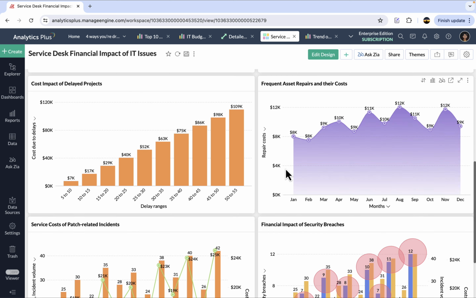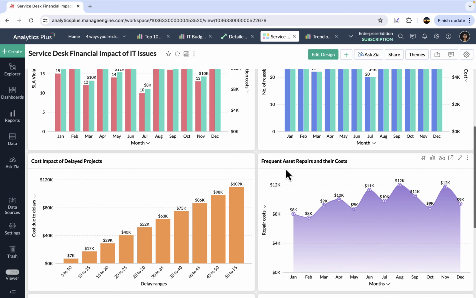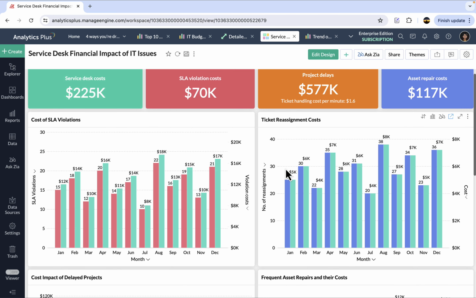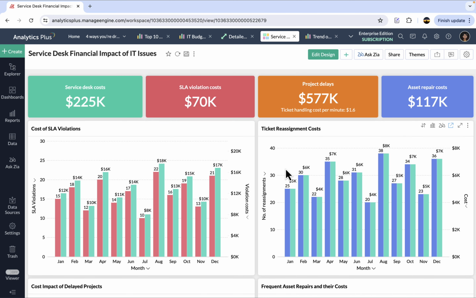This powerful dashboard effectively shines a light on various cost strains a service desk encounters due to widespread IT issues, encouraging IT managers to streamline processes, mitigate inefficiencies, and curtail their associated expenses.